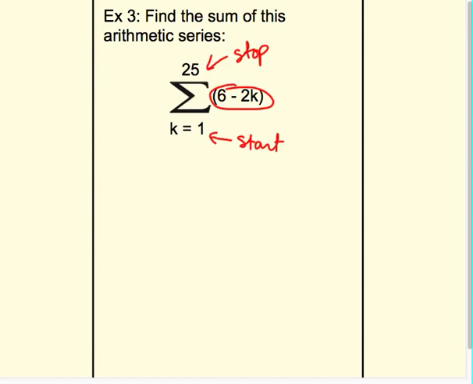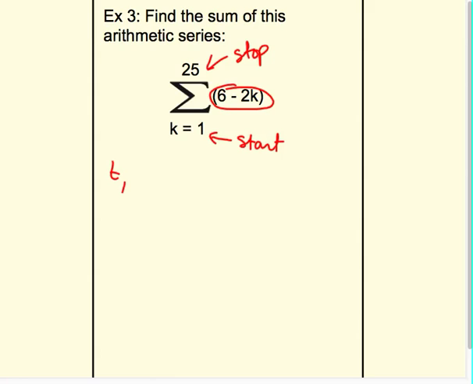Now, when we are adding all of them up, when it's arithmetic, and you'll know that the sequence is arithmetic when the k value is just k, it's not squared or cubed or anything like that. So if the explicit formula looks like it could be a line, that would be an arithmetic sequence or series.